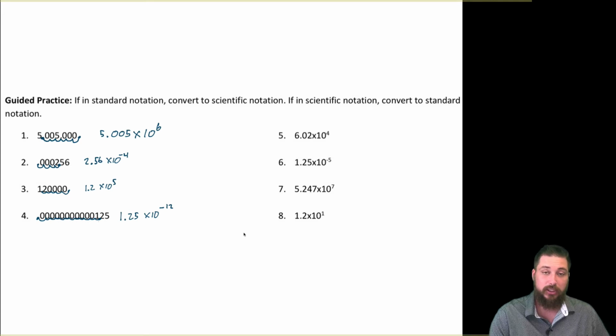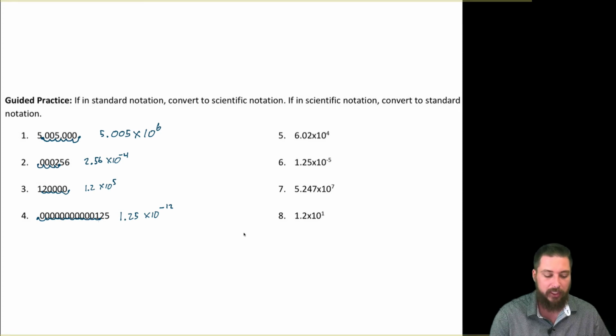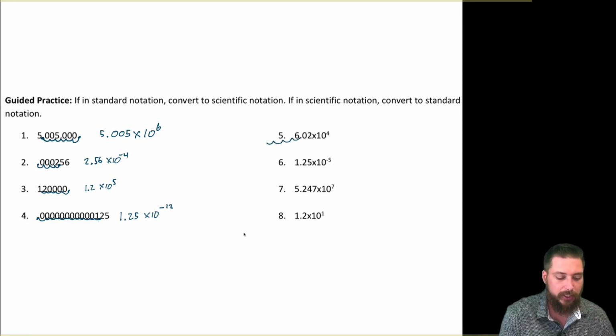Now here we have scientific notation. We're going to go the other way. And what we're going to do is we're going to take the 6.02 times 10 to the 4 and convert it to standard notation. Now, the 4 tells us how many times we're going to move the decimal point. However, are we going to move it to the left or are we going to move it to the right? And the way we answer that question is, well, because it's 10 to the positive 4, are we going to end up with a large number or a small number? Well, we'll end up with a large number. So if we moved the decimal point this way, would that give us a large number?